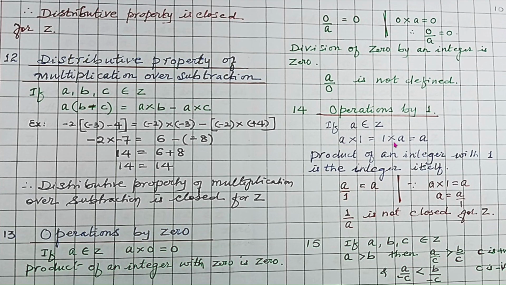When an integer a is multiplied by 1, we get back the integer. The product of an integer with 1 is the integer itself. a by 1 is a, but 1 by a is not closed for Z, because 1 by a does not exist in the set of integers. a by 1 is equal to a exists for the set of integers, whereas 1 by a does not, because the closure property of division does not hold for the set of integers.